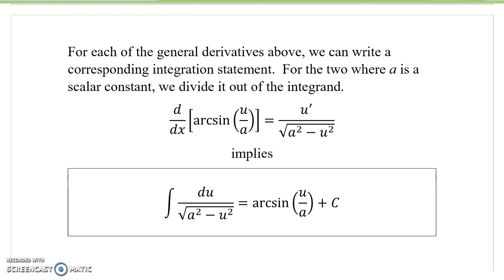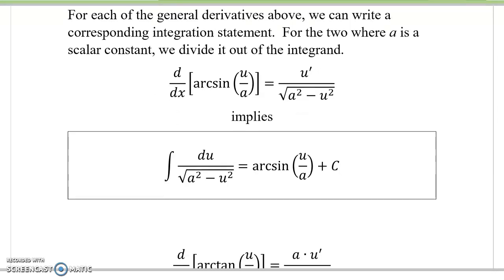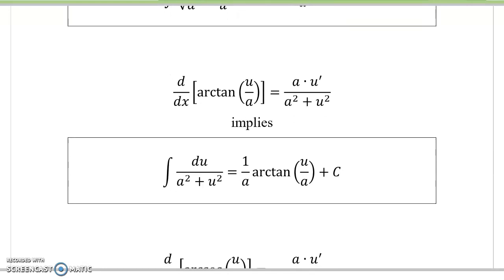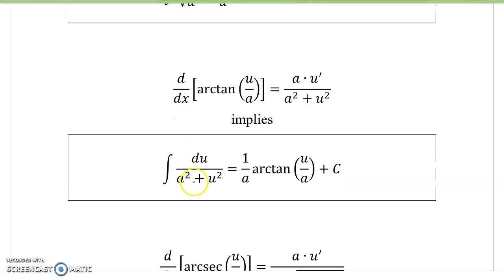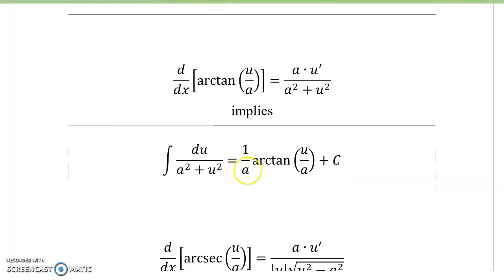And we can do a similar process for the arctangent. An interesting thing to note here is that there's an extra factor of a when you work this out. I'll leave that to you to discover, but there is an extra factor of a here. So when you take the antiderivative of this fraction, if we don't have the a here, which we don't, then we have to divide it out on the other side.